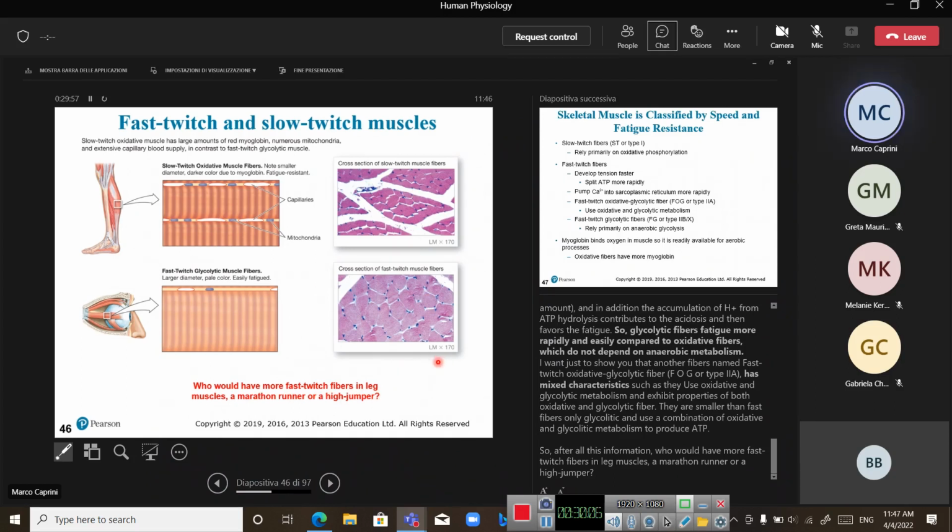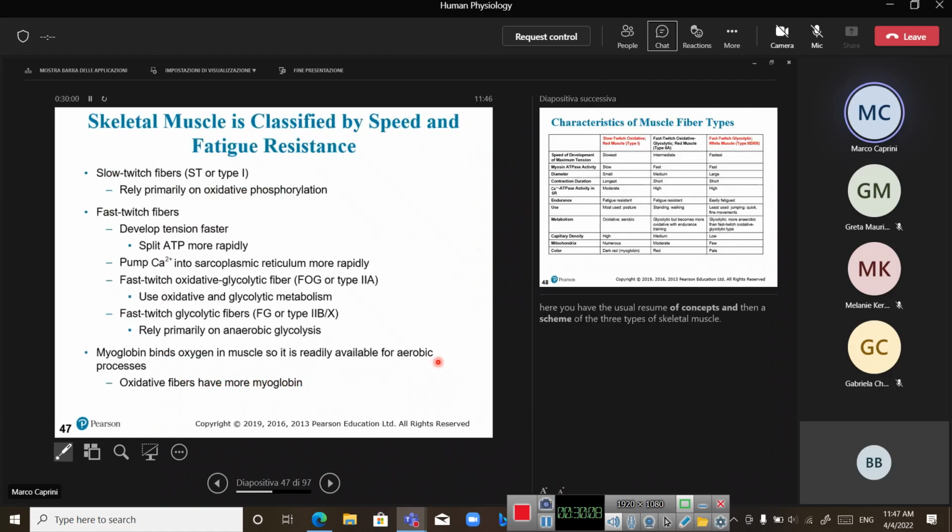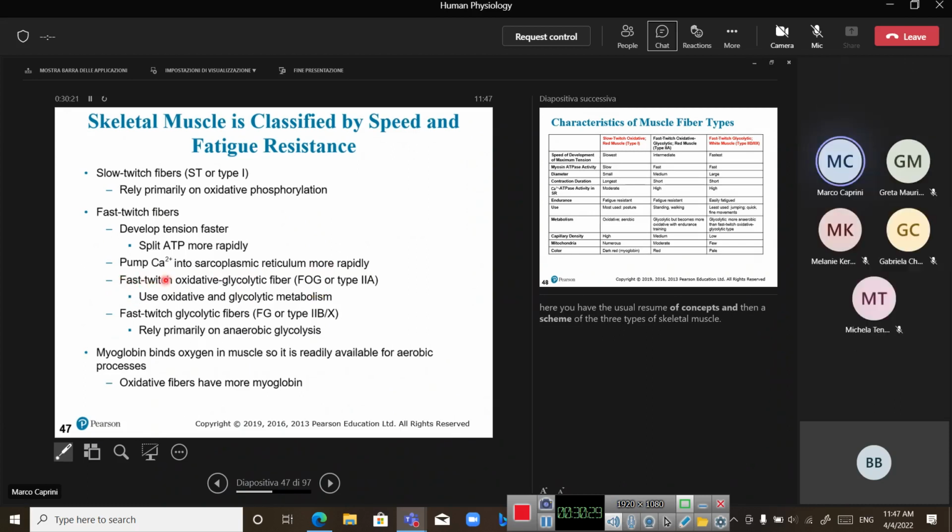So let's see this slide just to recap all the things that we were talking about until now. As you can see here, there is also a mixture of fibers, just to let you know that there are the fast twitch oxidative glycolytic fibers.